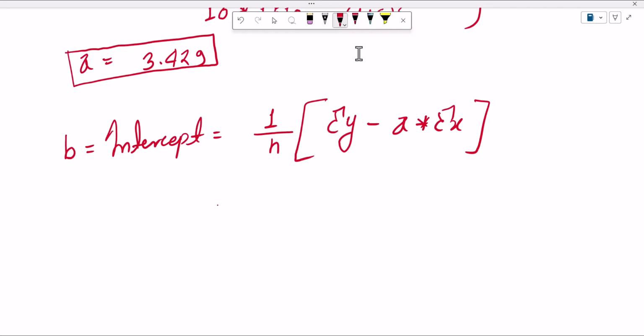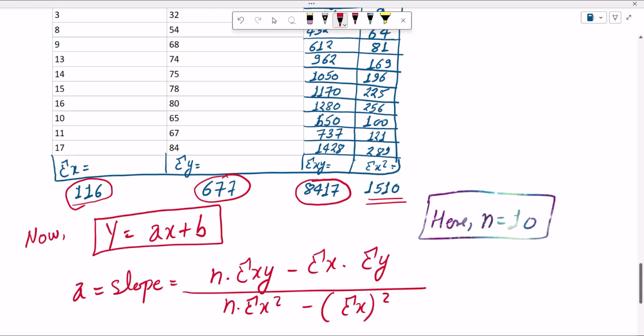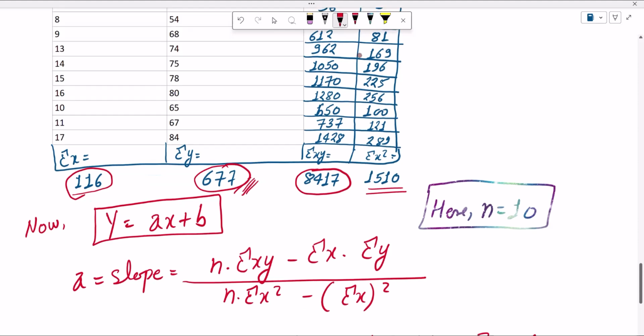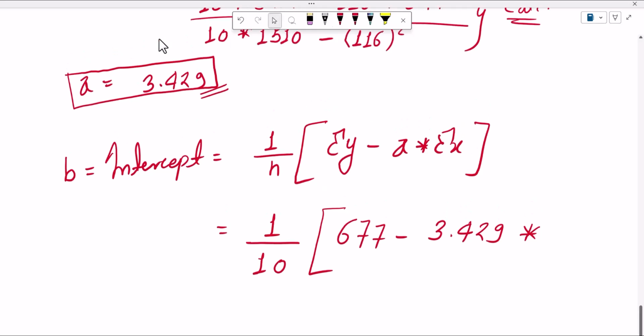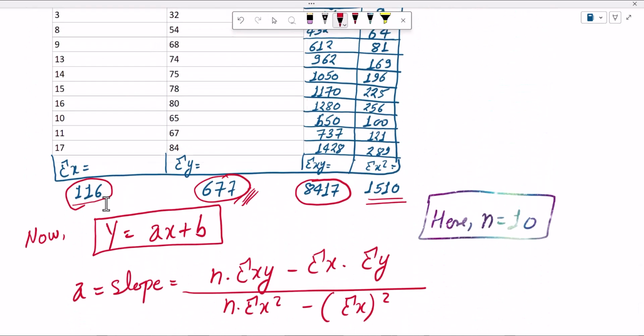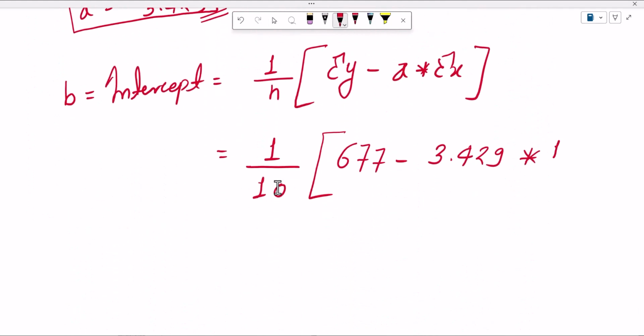So 1 divided by n, where n means the total number of rows or total number of data given in the question. Summation of y means this 677, minus a, that is 3.429, this is the slope, multiplied by summation of x, that is 116.